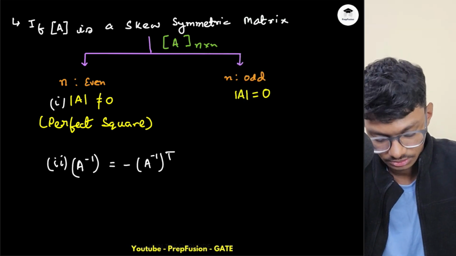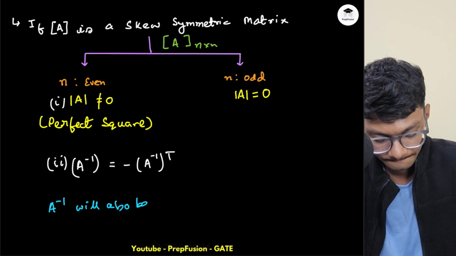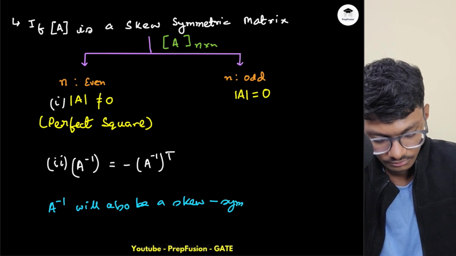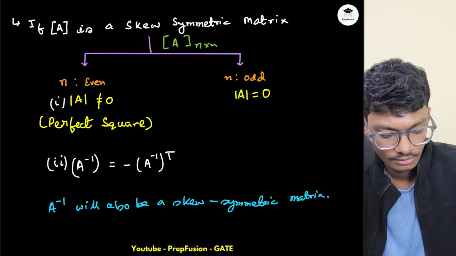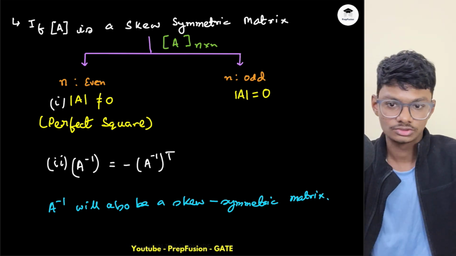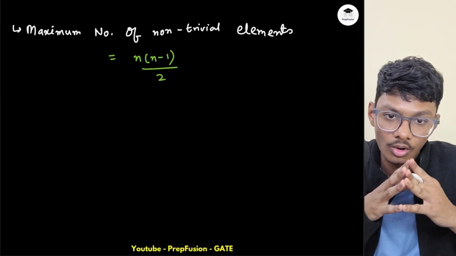A inverse, let me finish this quickly, will be a skew symmetric matrix.